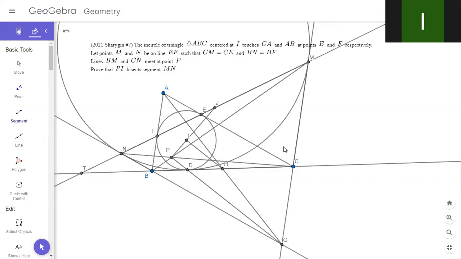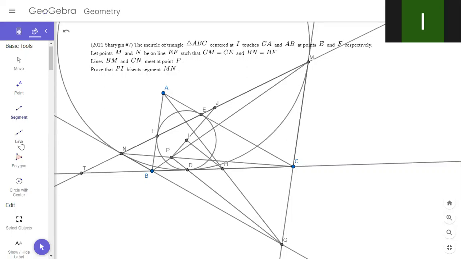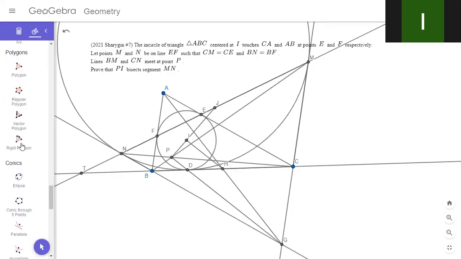So IH is parallel to GP. I agree with that. So reflect I across H. Okay, hold on just a sec.